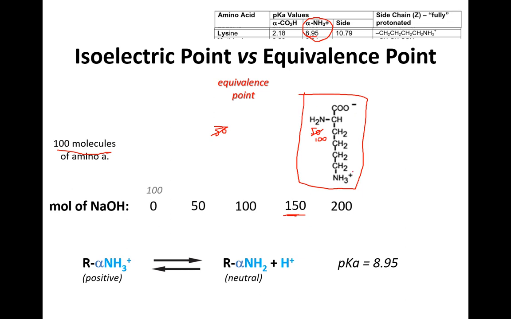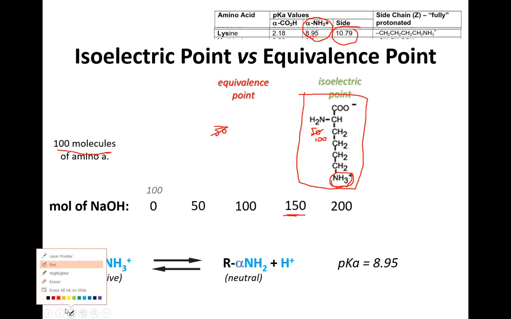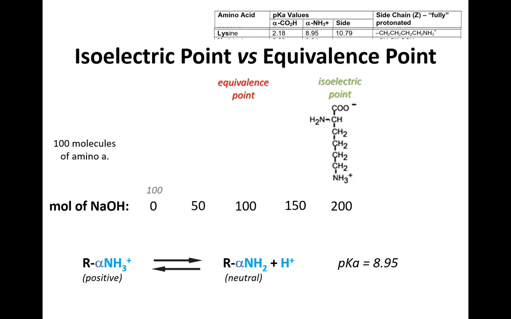And then if you keep going, the third group to start being deprotonated will be the R amino group here, which has a pK of 10.79. So once you reach 10.79 at this pH, oh sorry, I forgot to mention that at this point, if you look at the overall charge, that was the point of this slide here. If you look now at the overall charge, you have one negative charge, one positive.